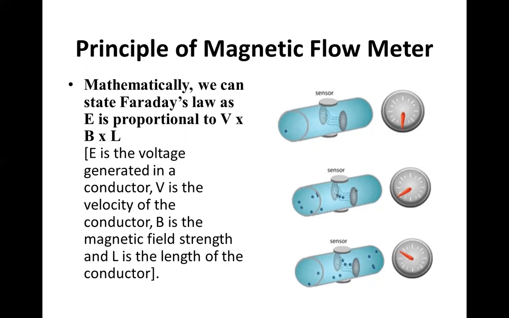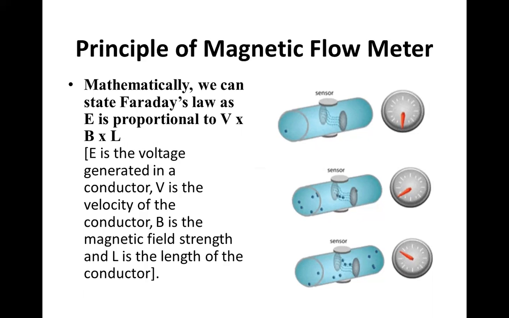Basically, when the conductive liquid flows through the magnetic field, voltage is induced. To measure this generated voltage, which is proportional to the velocity of the flowing liquid, two stainless steel electrodes are used, mounted opposite each other. The two electrodes placed inside the flow meter are connected to an advanced electronic circuit that has the ability to process the signal.